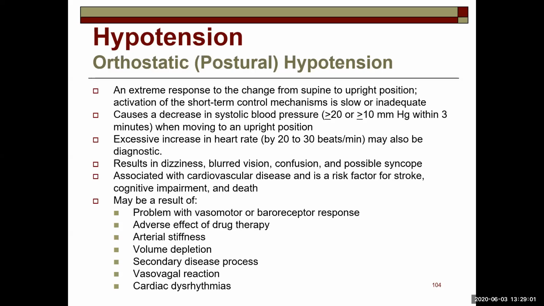What is normally the difference, roughly? 30 to 40. So between 30 and 40, you're fine. If you're 110 over 70, 120 over 80, even 110 over 80, you're fine. But if it's lower than 30, or less than 20, you're in trouble. So you always want it within that range.